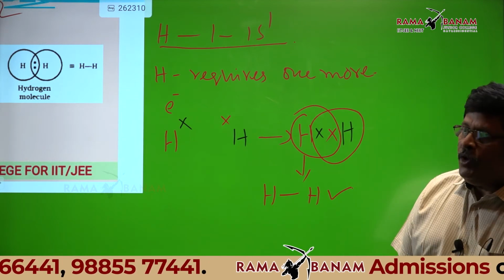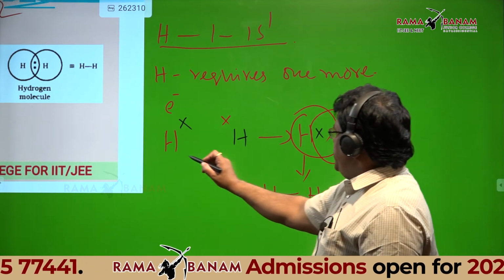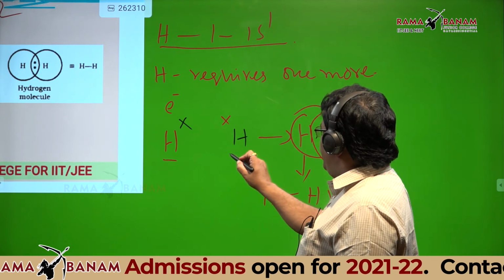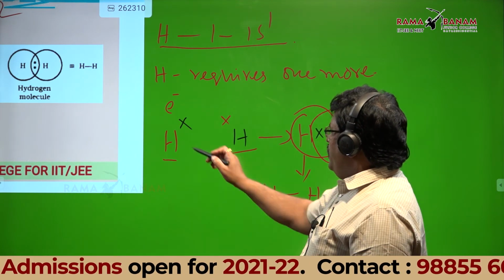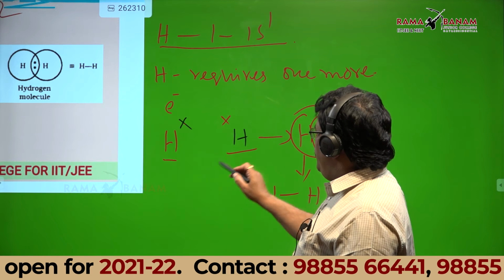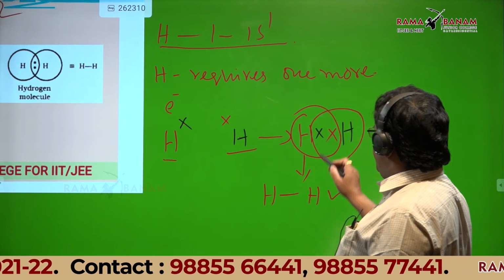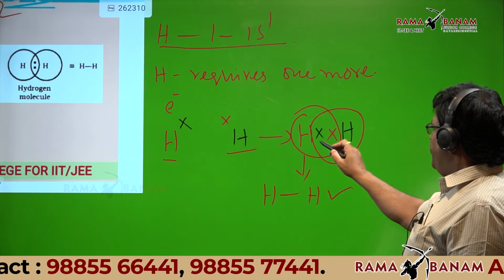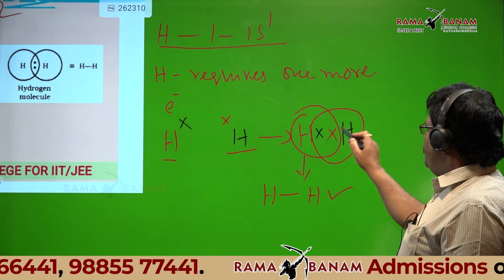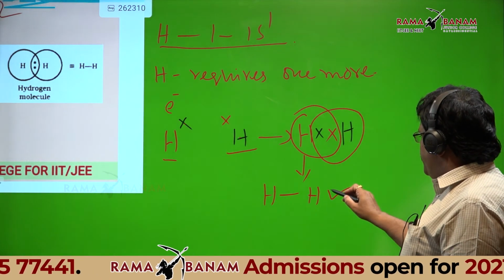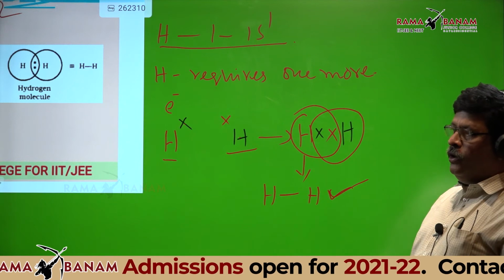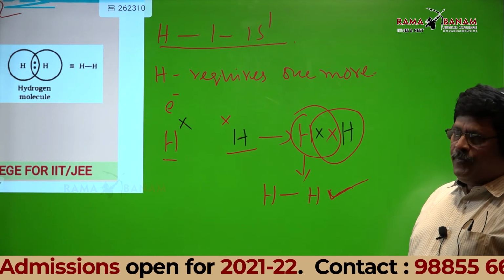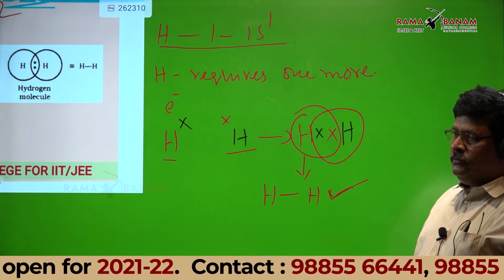See, students, look at the board. This is one hydrogen atom. This is another hydrogen atom. This is the electron of this hydrogen. This is the electron of this hydrogen. Both hydrogens contribute one electron and share one electron pair, resulting in the formation of the H2 molecule. Is it okay? Yes, sir.